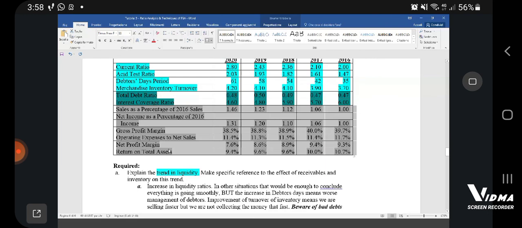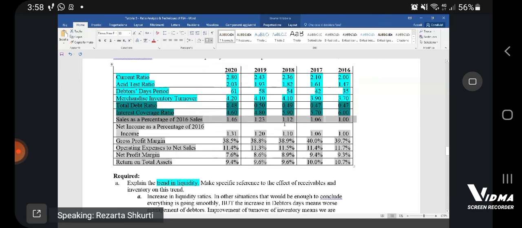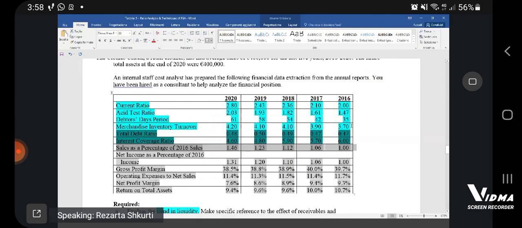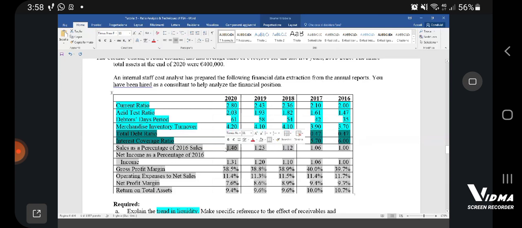You see that the sales are increasing. The sales are expressed as a percentage of the sales of 2016. So you start with sales expressed as 100% of the base year, and then you have an increase, a further increase, increase again, increase in 2020. So sales are increasing, obviously.